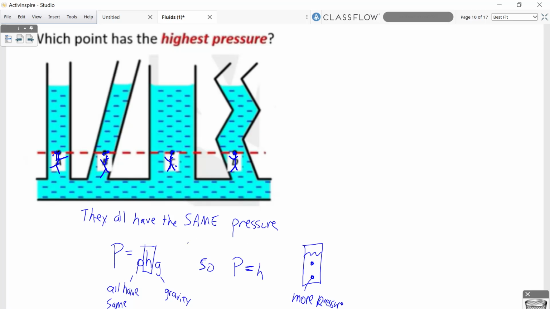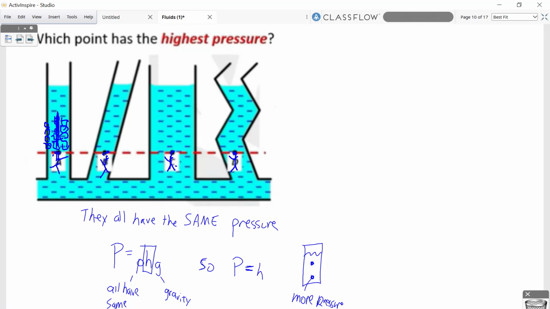So why is that? The reason for that is because you want to pretend that you have this little guy here, and let's pretend there were boxes stacked directly above his head. Boxes stacked over here and over here. Now he's only going to feel the pressure of the boxes right here stacking directly above him, okay? He's only going to feel that.